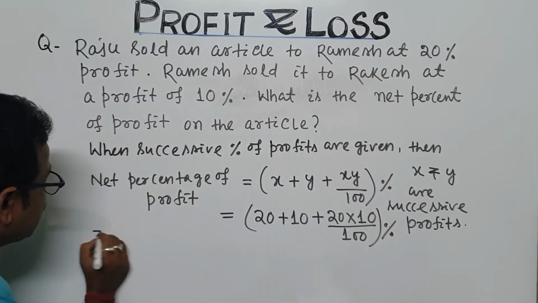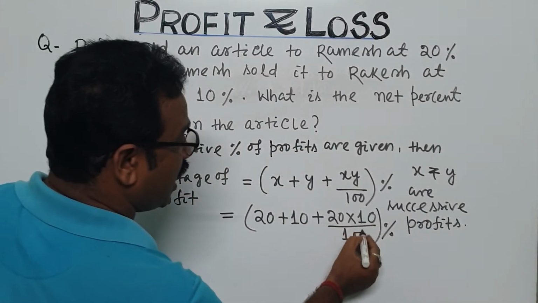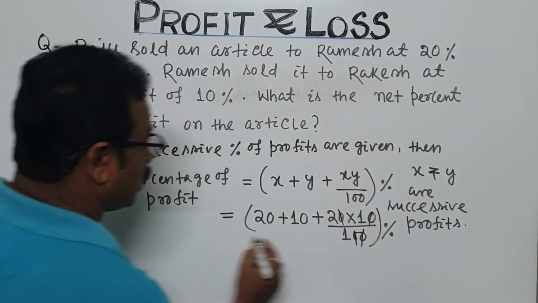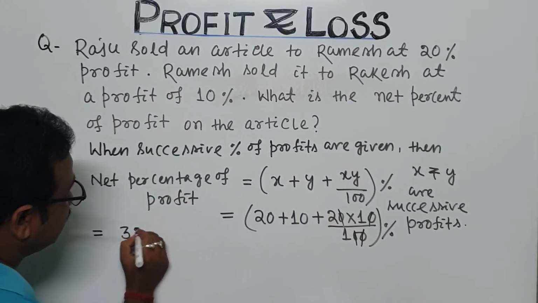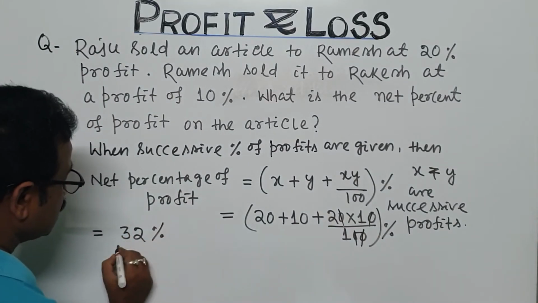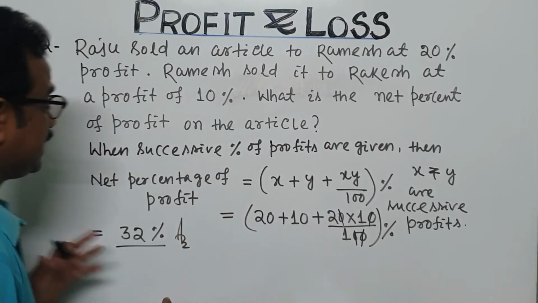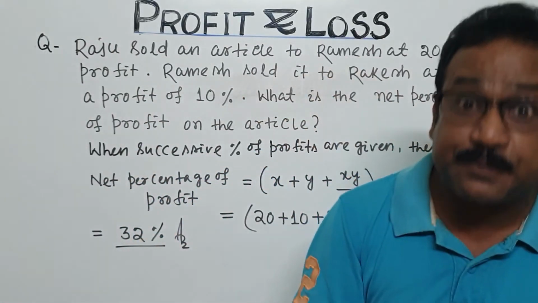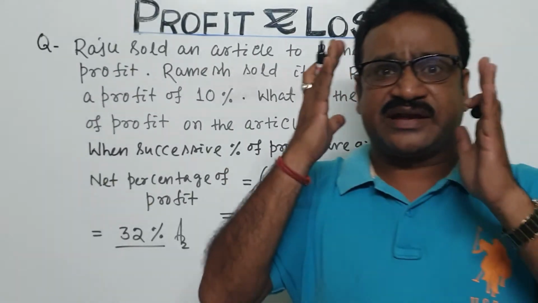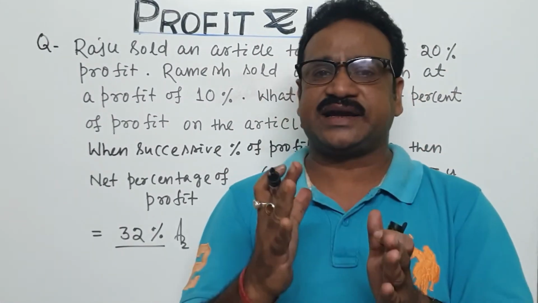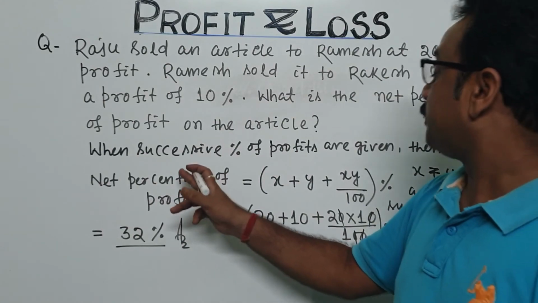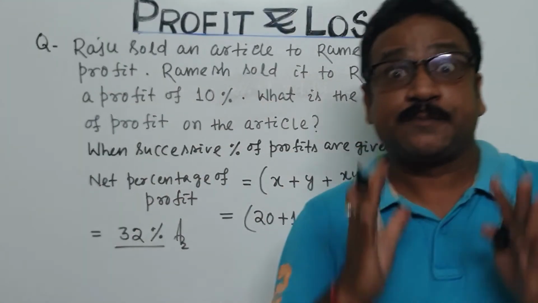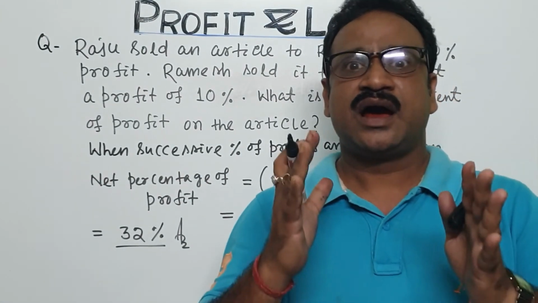Okay, that is equal to 32%. So 32% is the net profit percent. So when two successive profit percents are there, then the net profit percent on the article is found by using the formula x plus y percent plus xy by 100.